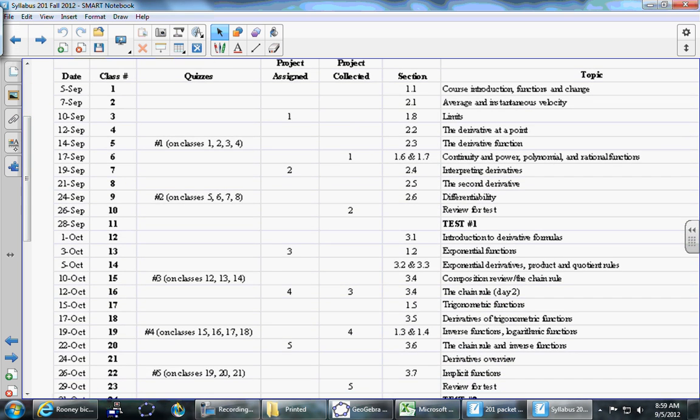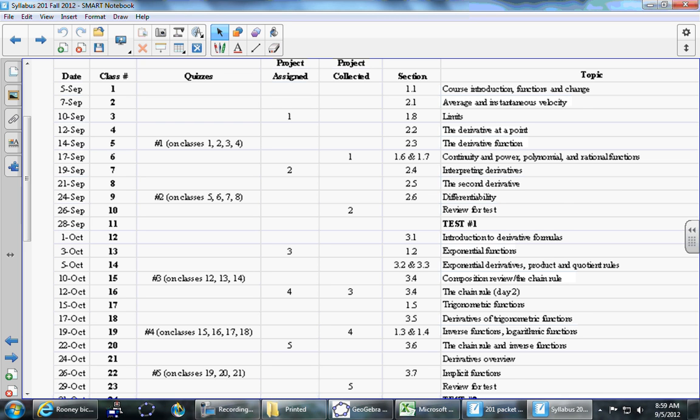So you can see here at the moment, test number 1 is scheduled for September the 28th. I will grade it. I will hand it back to you on October the 1st. On October the 3rd, you're going to tell me what percentages you would like me to use when I calculate your course grade. Okay? So you have a long time to think about this. You'll know what all of those things represent before I ask you to commit to something. Any questions at this stage about that?